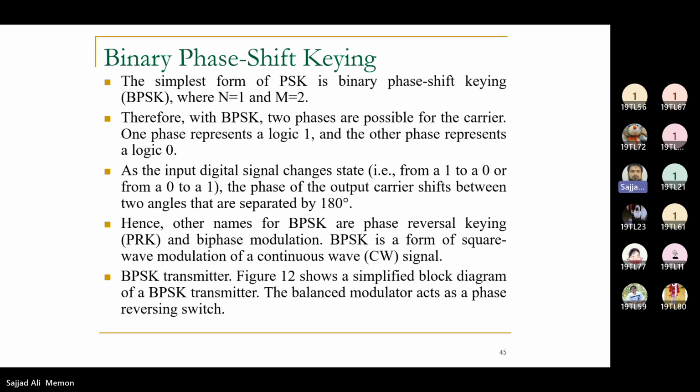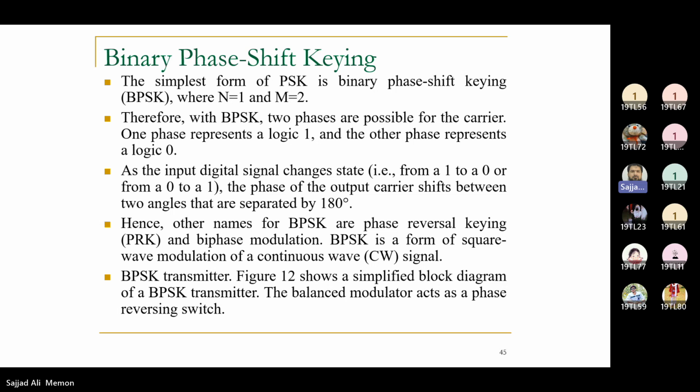Hence, other names for BPSK are phase reversal keying and biphase modulation. As you can see, 0 is opposite of 180 and vice versa. So the other names reflect that: phase reversal keying and biphase modulation. We are modulating on only two phases, so that's why another name is biphase modulation.